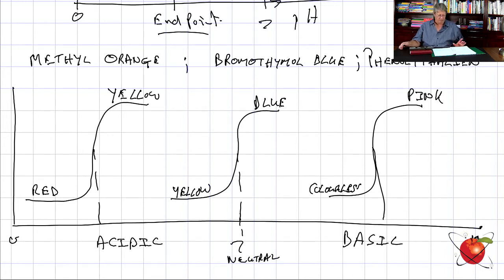The question you will be asked is pretty much, you will do a titration, they will give you an example of a titration, and they will say, suggest a suitable indicator for use in this titration. The following is the way you remember it. It means that over here, this is a strong acid and a weak base.